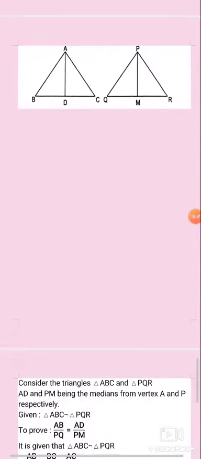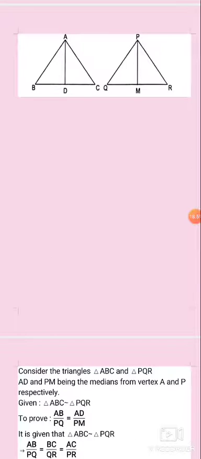Now listen carefully to this figure. Consider the triangles ABC and PQR. AD and PM are the medians from vertex A and P respectively. Given triangle ABC is similar to triangle PQR, we need to prove that AB by PQ is equal to AD by PM.